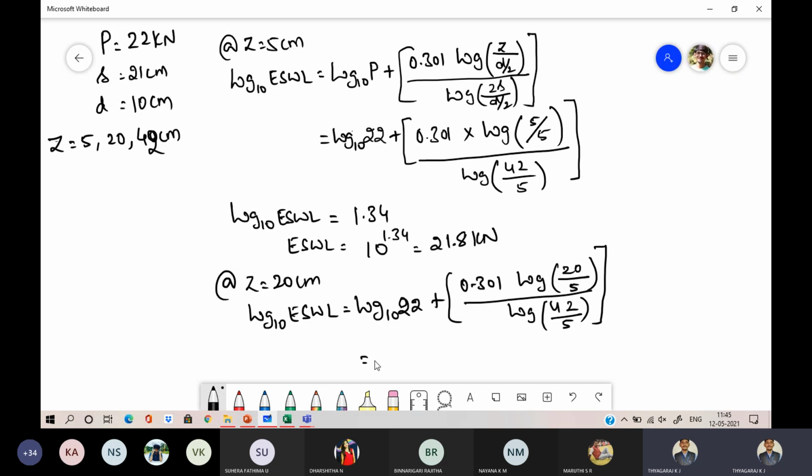Now directly tell me the ESWL. 33.8 kilonewton. Okay. Similarly for Z equal to 42 centimeter, calculate the ESWL in kilonewton. So kindly calculate the ESWL at 42 centimeter.